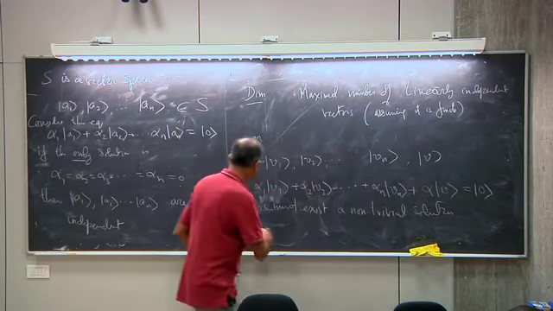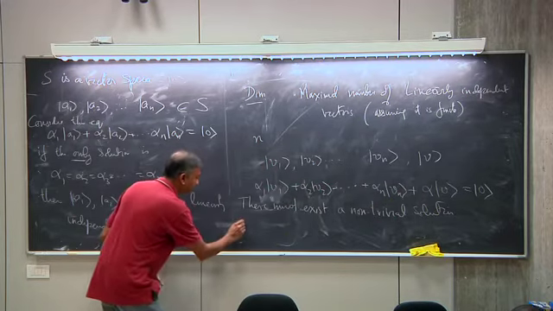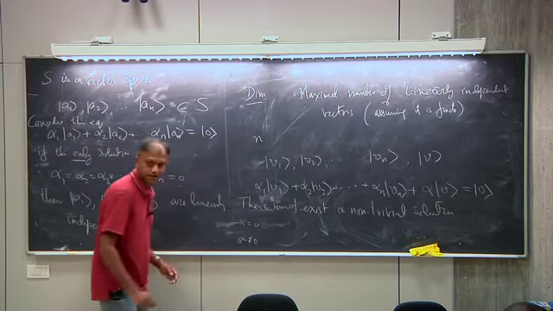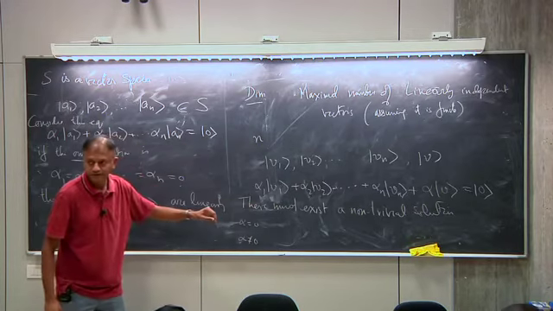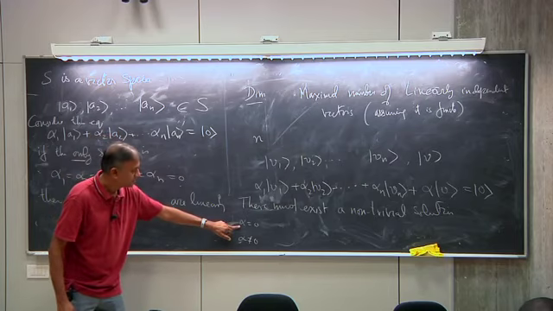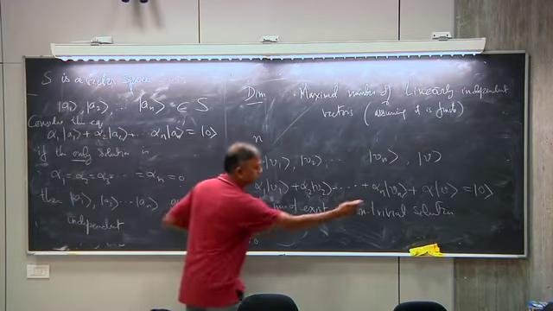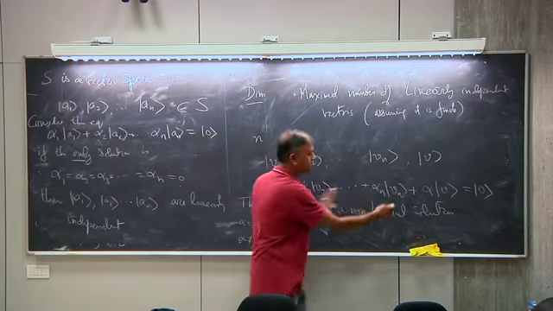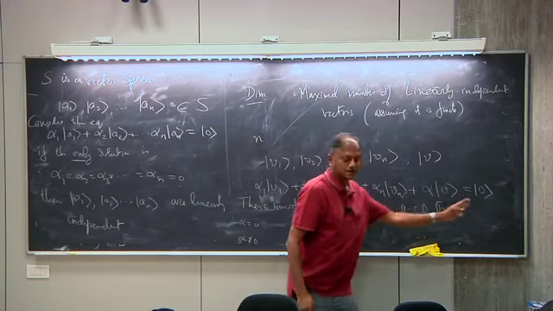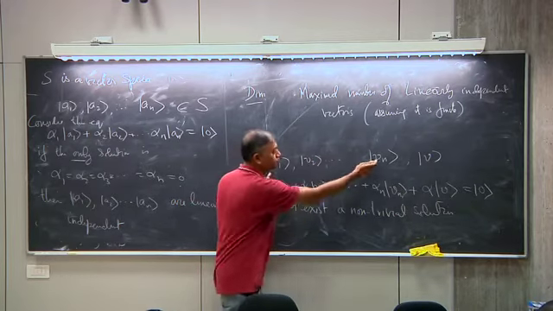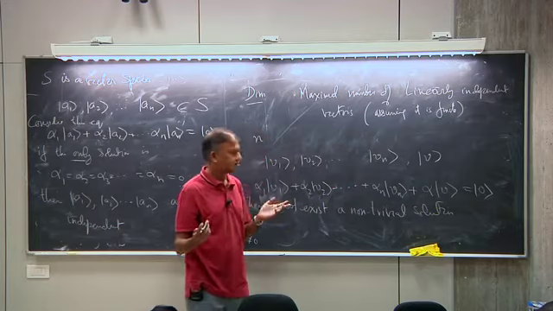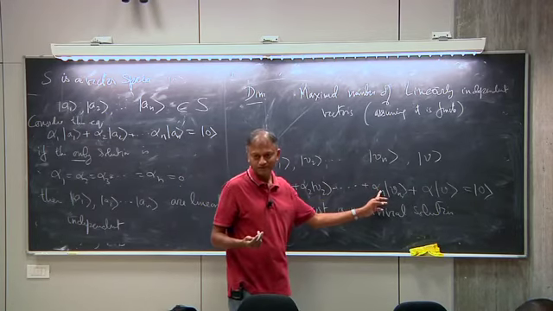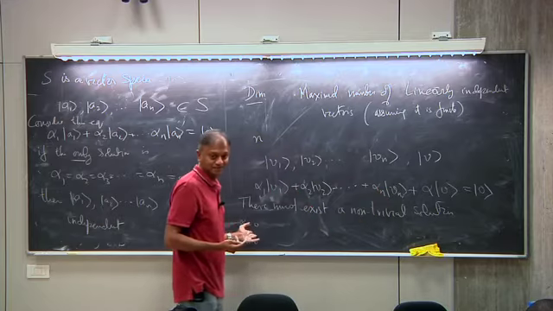You understand? So let's see. There are two possibilities in this non-trivial solution: alpha is 0 or alpha is not 0. If alpha is 0, then this term drops out from the equation, and we are considering this sum equal to 0. But I know v1, v2 up to vn are linearly independent, so the only solution would have been alpha 1, alpha 2, all the way up to alpha n being 0. So there is a contradiction.